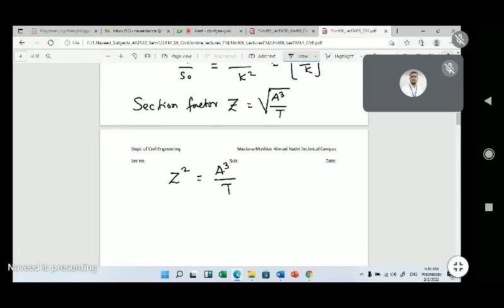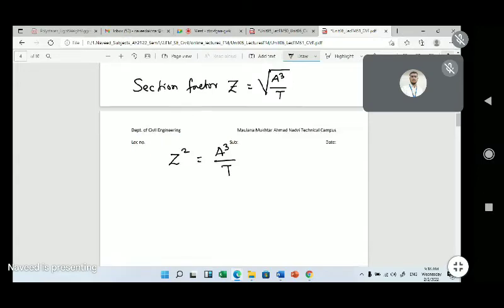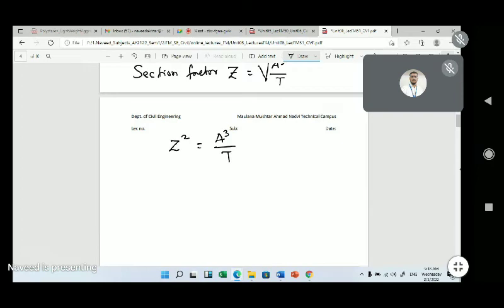For critical condition, ZC square is equal to Q square upon G is equal to AC cube upon T. This is for critical flow, the section factor.